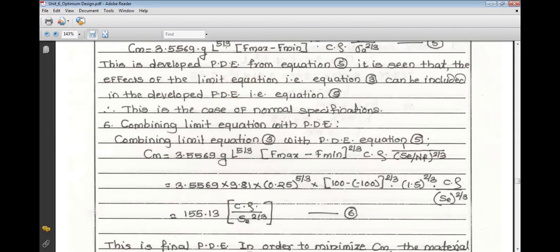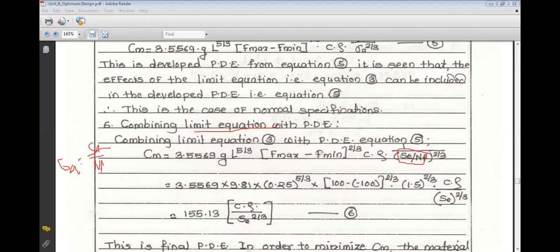The limit equation is sigma A less than or equal to SC upon factor of safety, that is endurance strength upon factor of safety. So put the value of sigma A as SC upon NF. Only this changes; all other parameters are the same.